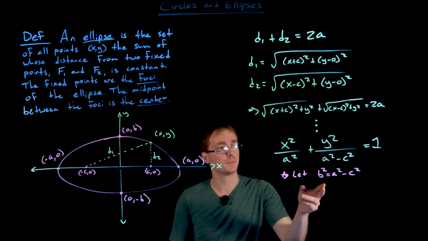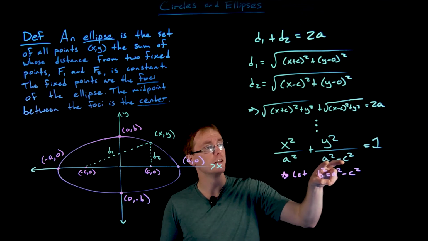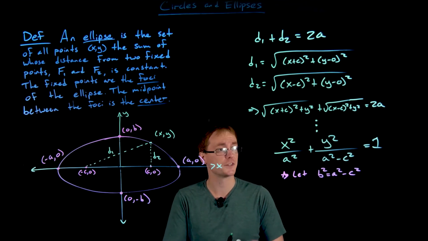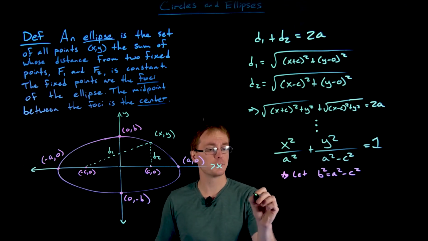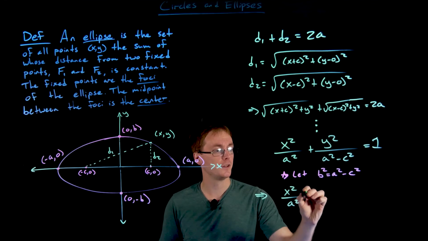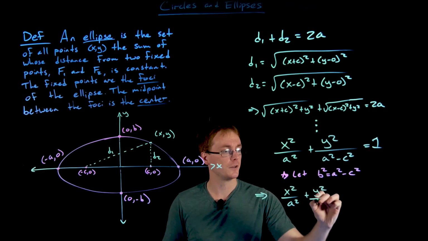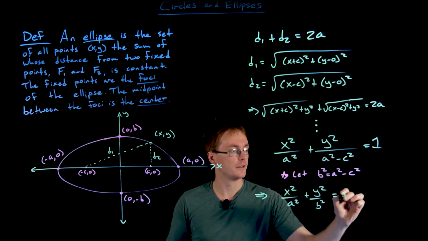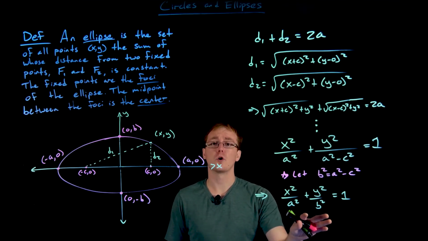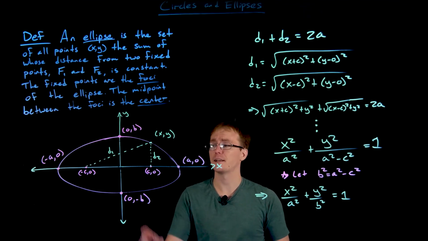So if we make the substitution, letting the quantity a squared minus c squared be represented by b squared instead, then our ellipse will have an equation of the form x squared over a squared plus y squared over b squared is equal to 1. This is our standard form only for when our ellipse is centered at the origin.